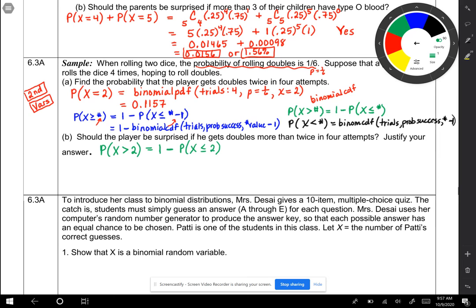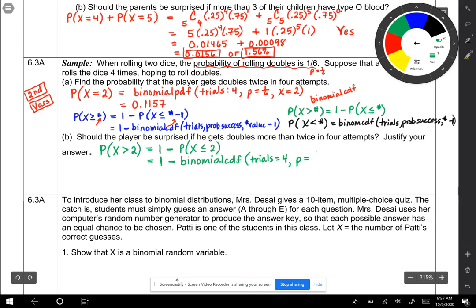You would enter this in your calculator as 1 first on your main screen, minus, then go to your binomial CDF. And then your number of trials is 4. On a free response question, if you're going to use a calculator, remember you have to identify these values.